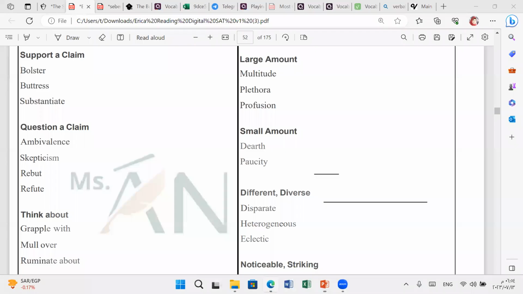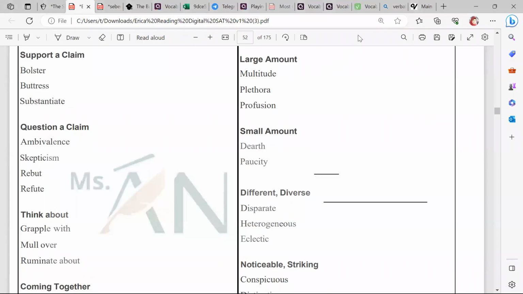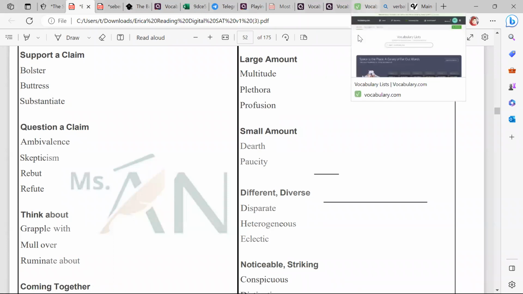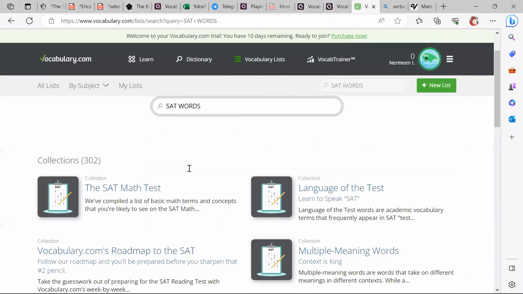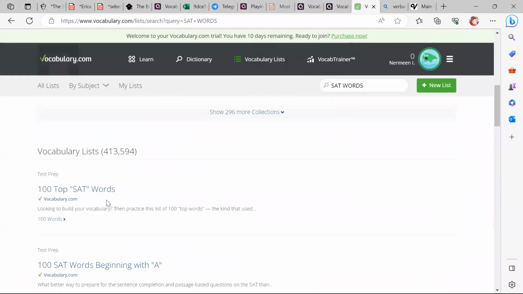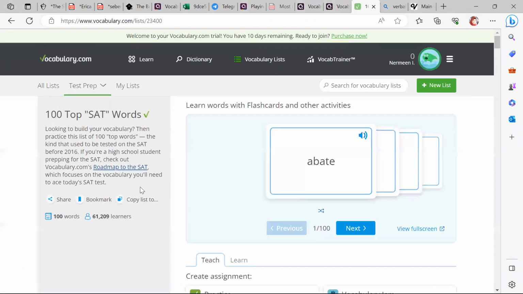Let's take a look at one of the websites. This website is called vocabulary.com, and you can search for the SAT words, and you will find here 100 top SAT words.